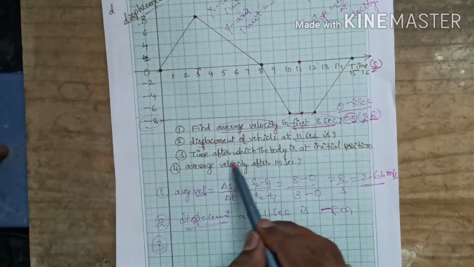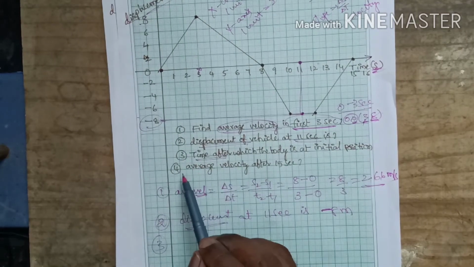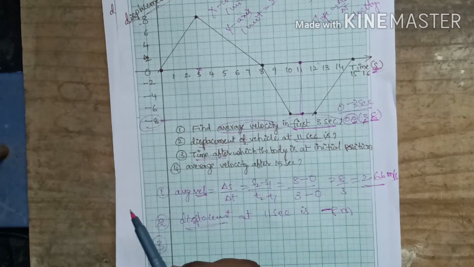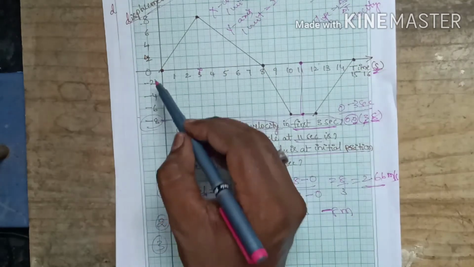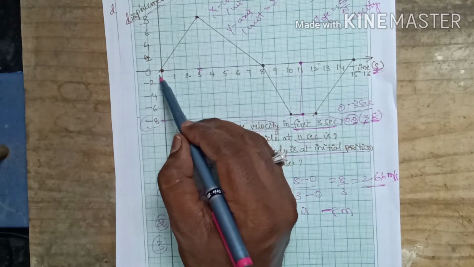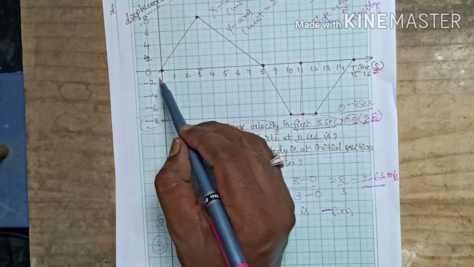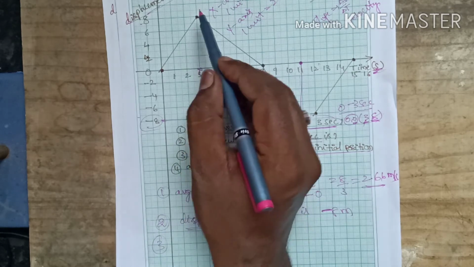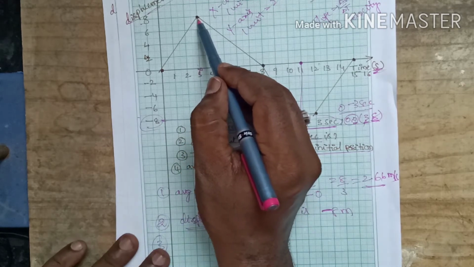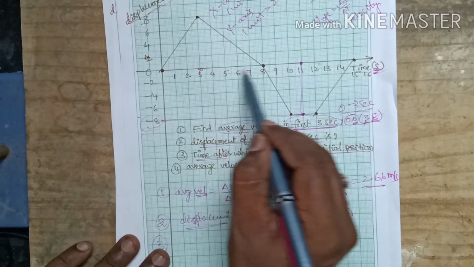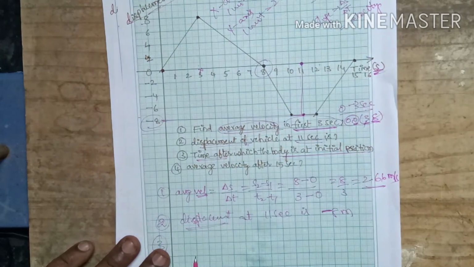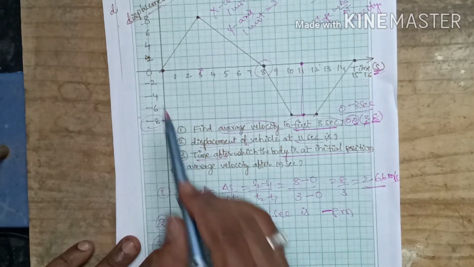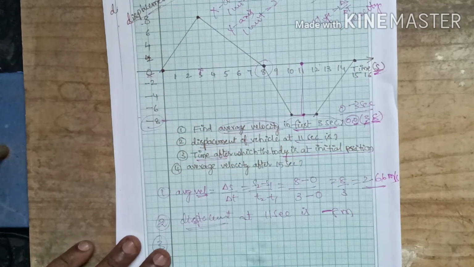Here, the third question: at what time is the body at its initial position? The initial position of the body is at 0. After 3 seconds, the displacement is maximum. From there onwards, as time moves, the displacement is gradually decreasing. By reaching the 8th second, the displacement becomes 0.